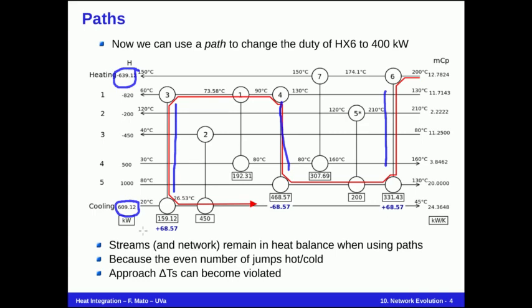Of course, every stream except heating and cooling remains in balance. But as when using loops, the temperature approach can become violated.